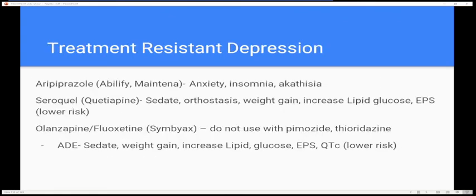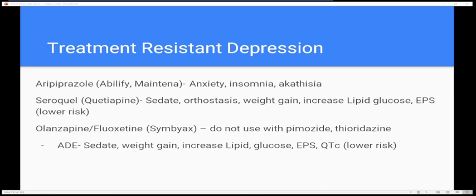So what do you use if the depression's not getting any better? You go to some of these agents such as Abilify, or Seroquel. So Seroquel or quetiapine can cause a lot of weight gain as well. Paxil is also one that can cause a lot of weight gain.